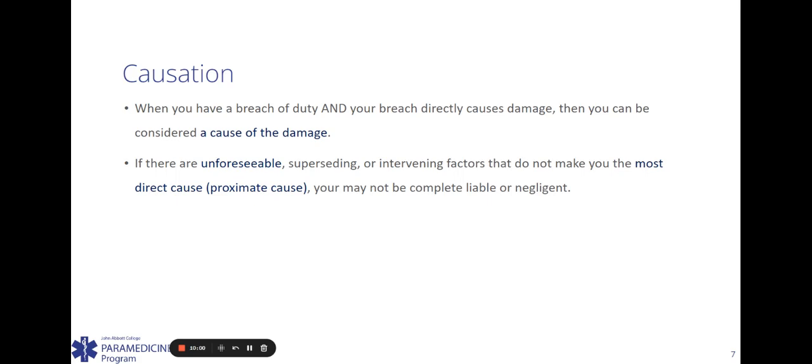Another example: if you breach your duty by not following the standard of care, but the damage that occurs is caused by another factor, such as another person's actions, you may not be considered the most direct cause of the damage. That doesn't mean you're off the hook. You just might not be the most direct cause of the damage, or what we call the proximate cause.